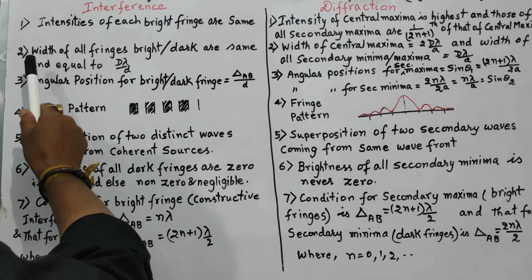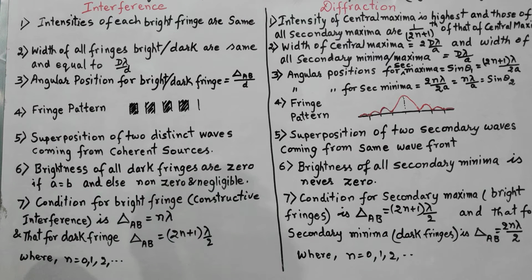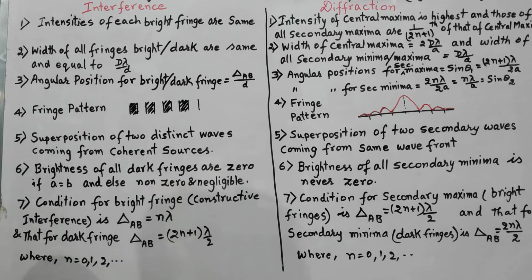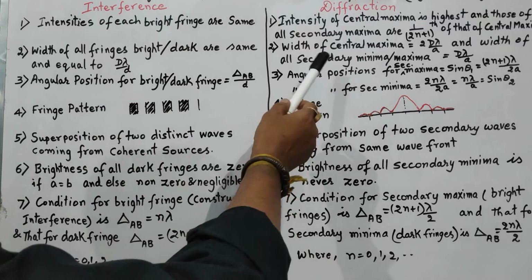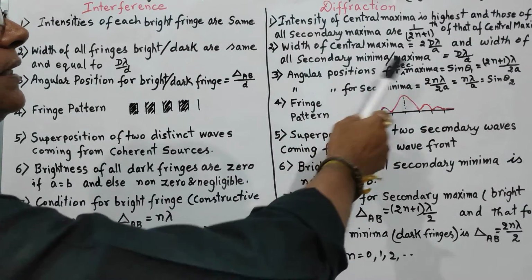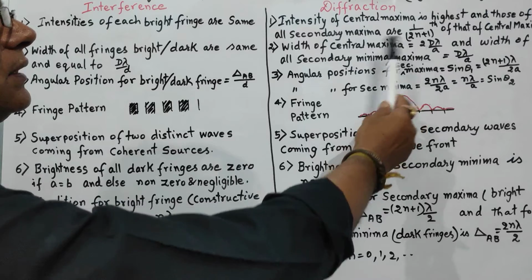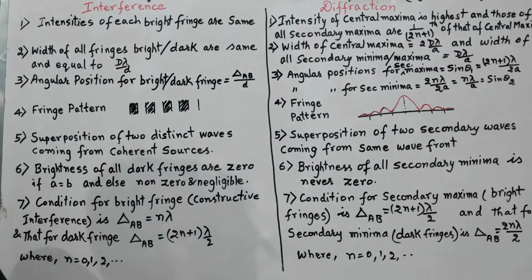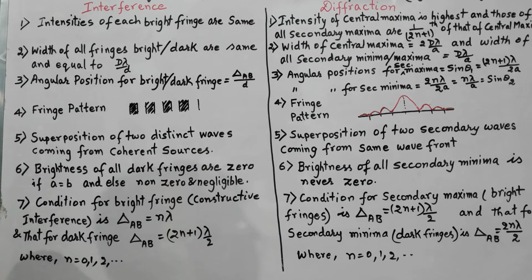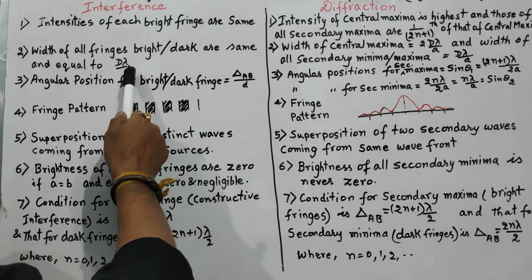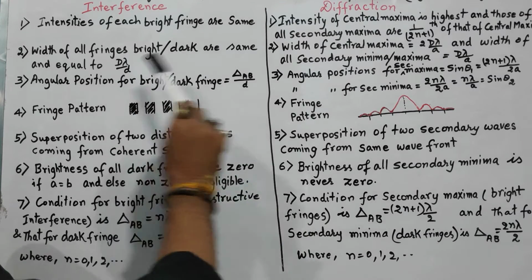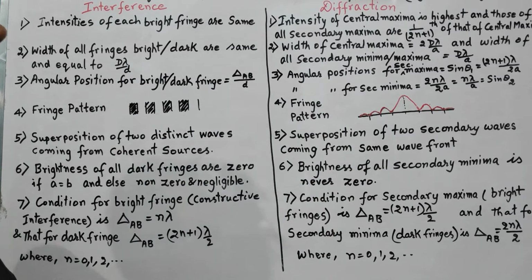We talk about the width of the fringe, dark and bright, both are Dλ/d in interference. In diffraction, the width of the central maxima is twice that of the secondary maxima and minima, and for the secondary maxima and minima we have Dλ/a, where a is the slit width of the single slit, d is the separation between the two slits, and capital D is the separation of the screen from the slits.